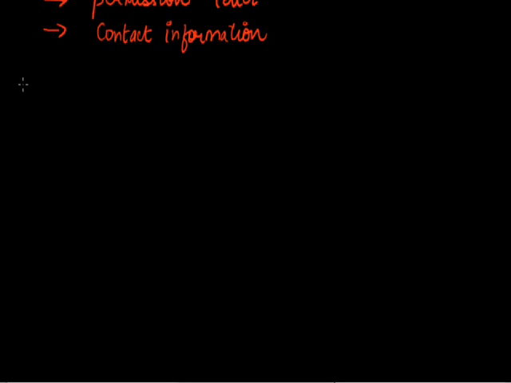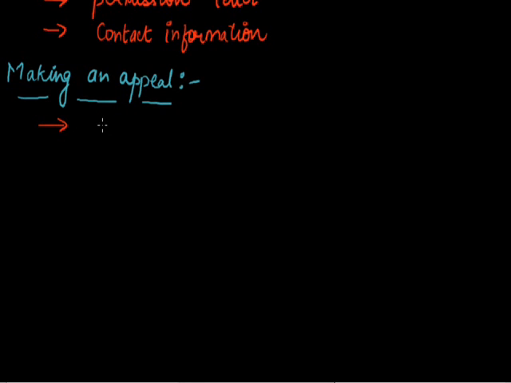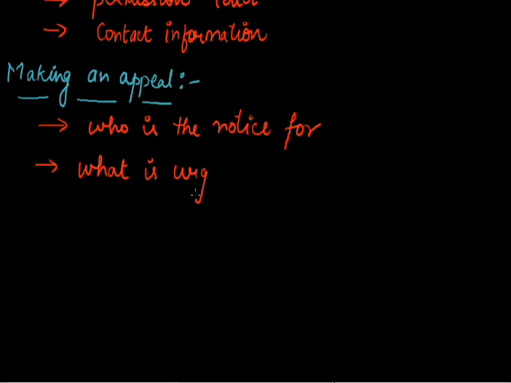And the last type of notices that is generally drafted is to make an appeal. So to make an appeal, the first thing we have to mention in our notice is who is the notice for. The second thing you have to mention is what is urgently required.